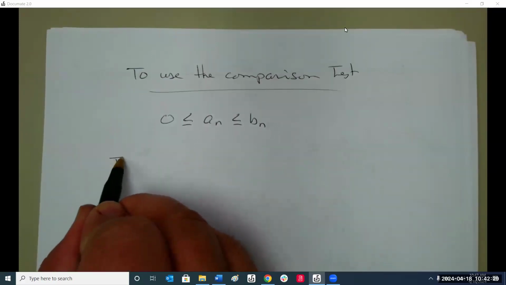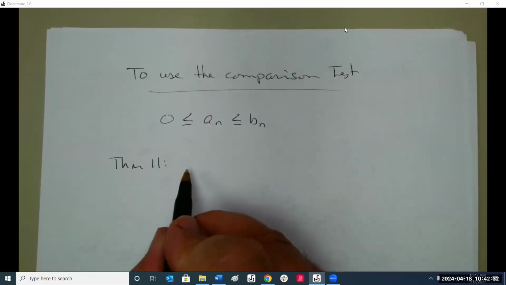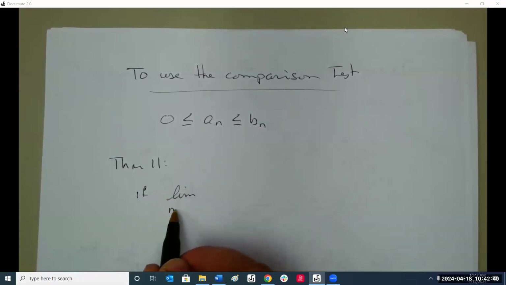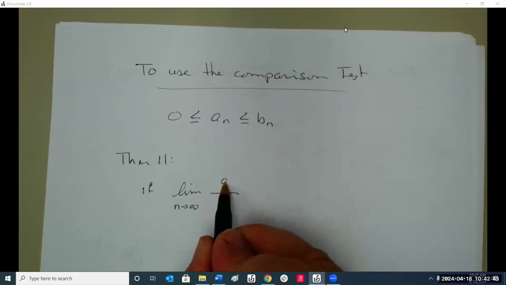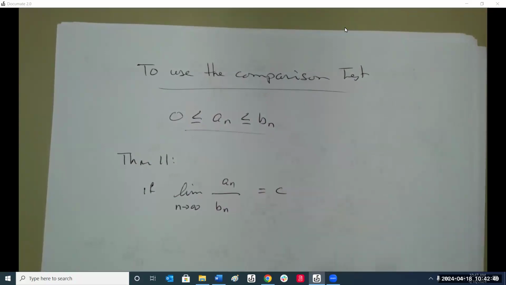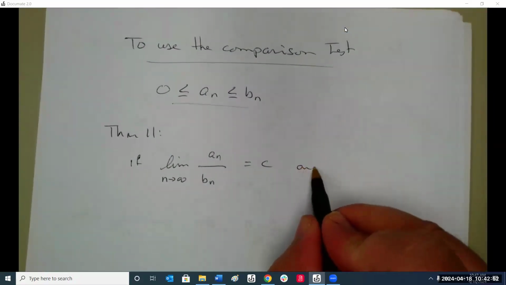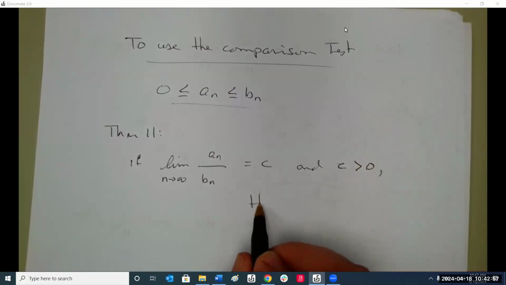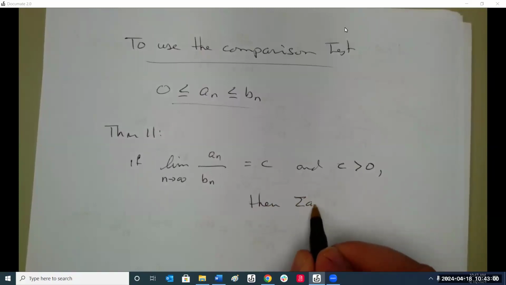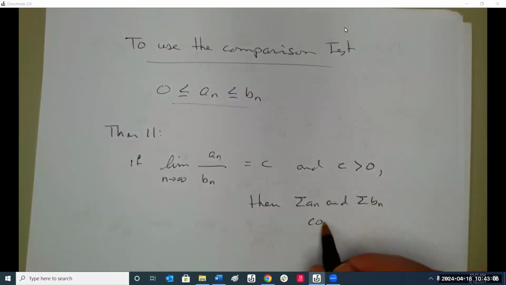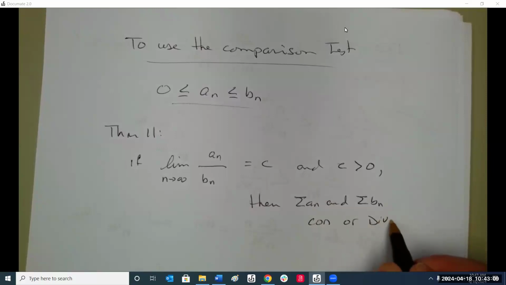Okay, theorem 11 says that if the limit as n goes to infinity of a sub n over b sub n equals some constant, and that constant is strictly greater than 0, then the sequences converge or diverge together.